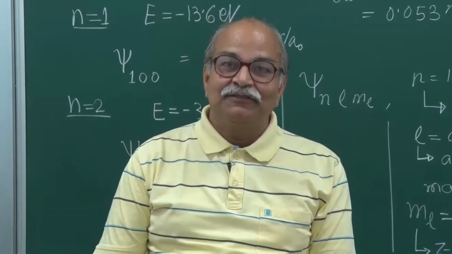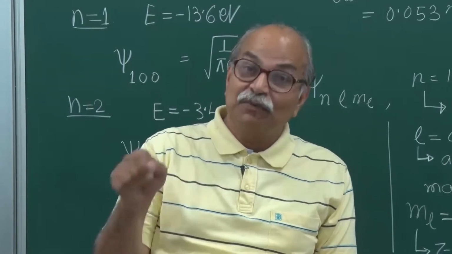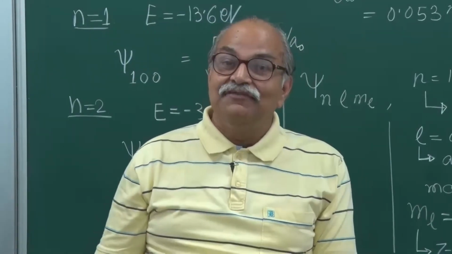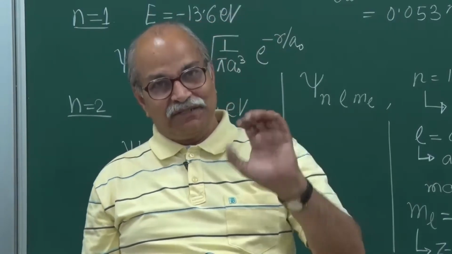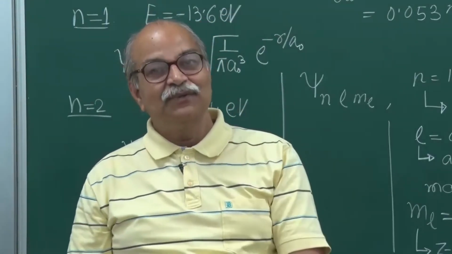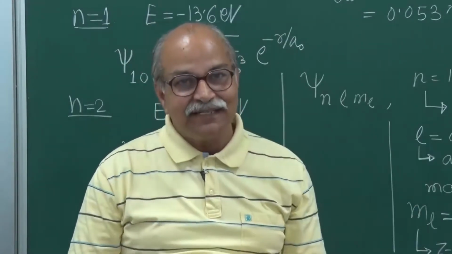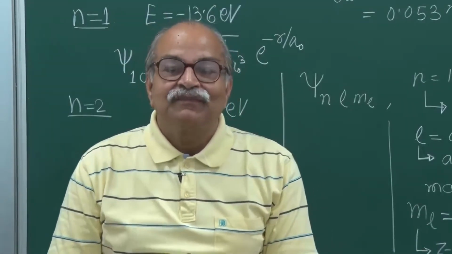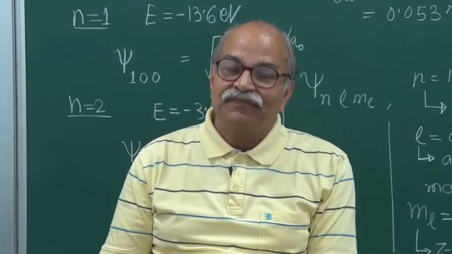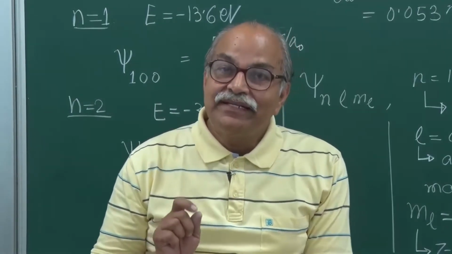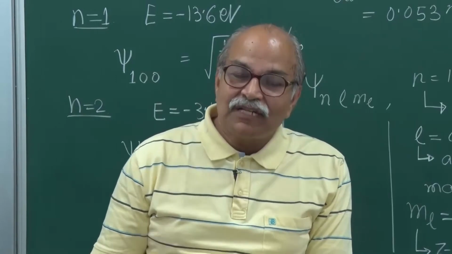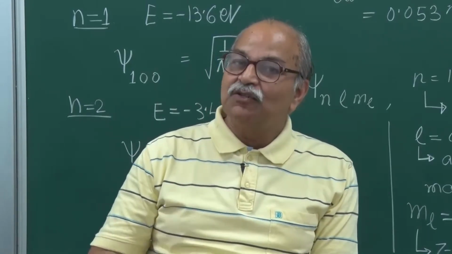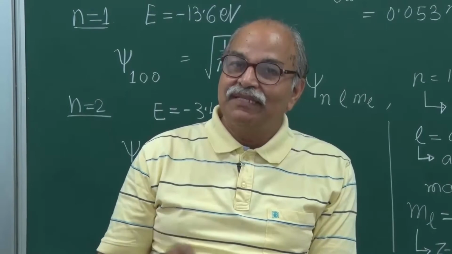But then for electrons and also for protons and neutrons, a very, very interesting thing, which again is a characteristic of quantum physics only, there is nothing like that in classical physics, is that each electron has an intrinsic angular momentum, a built-in angular momentum. Even if it is not moving, the angular momentum is there.